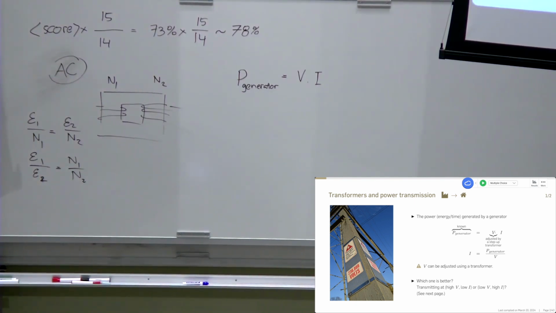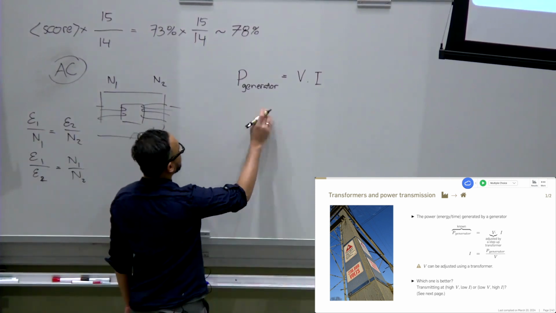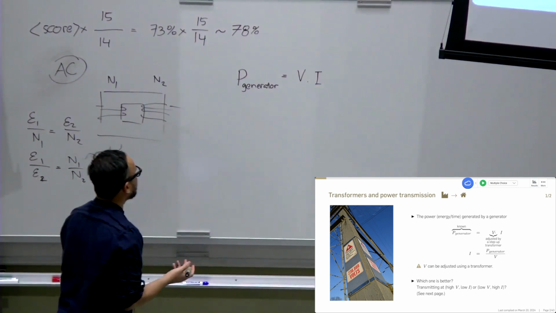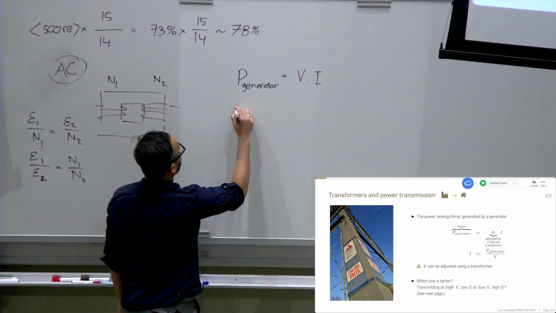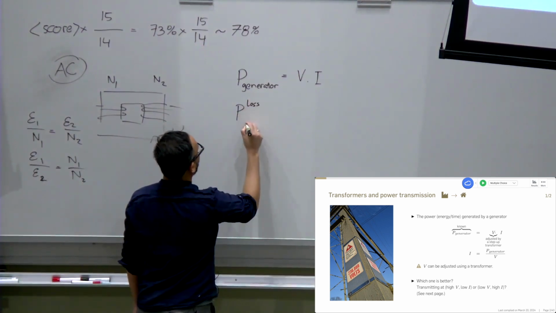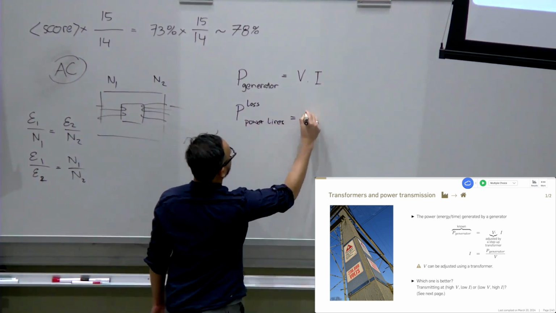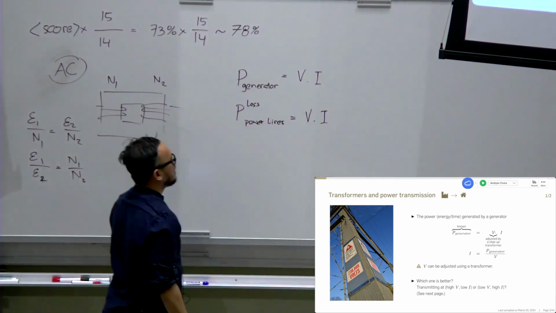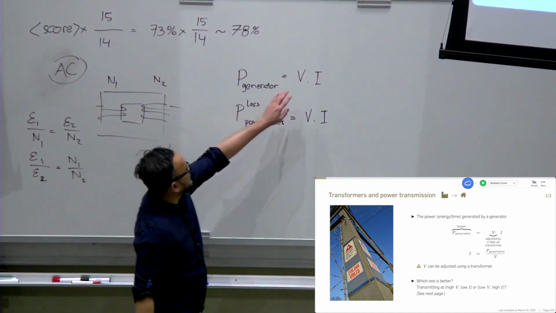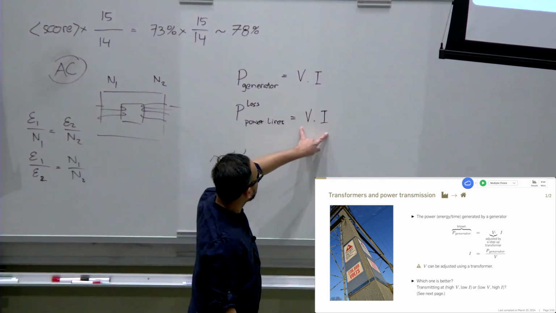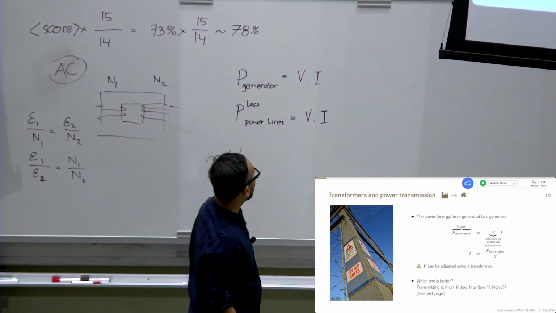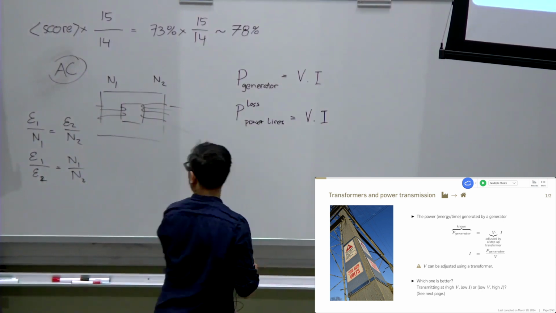Power lines are basically cables. And when you transfer electricity, there is Joule heating. So the P loss of power lines is also V times I. And you can tweak V and I here. But for a cable, all you know is a resistor.